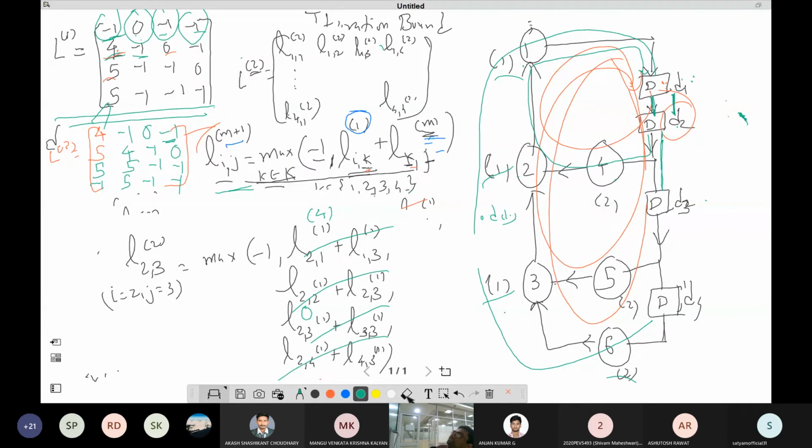So none of the paths exist, and that's why it is -1. It is the maximum of -1 and whatever the equation gives, but all the paths give non-existence. So that's why it is -1.